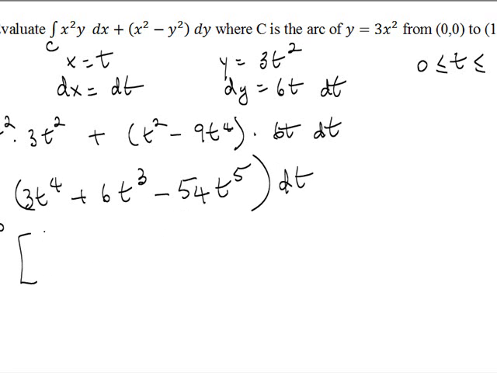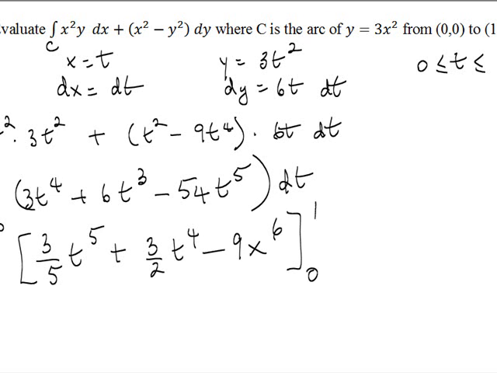Integrate: 3/5 t to the 5th plus 6/4, which is 3/2 t to the 4th, minus 9t to the 6th, from 0 to 1. And you get minus 69/10. Why did I put an x there? Thank you. It's a t.